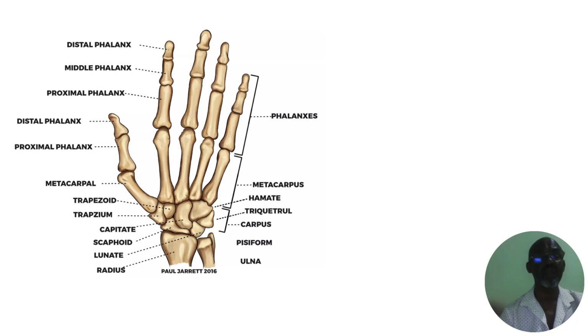All these are phalanges, finger bones here. When it comes to phalanges for the thumb, we have only 2. Distal, this one, and this one is proximal, near to the metacarpal.